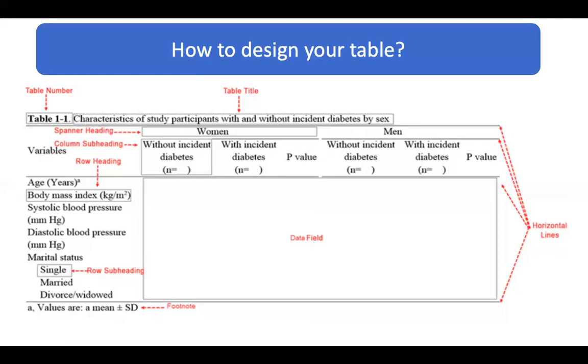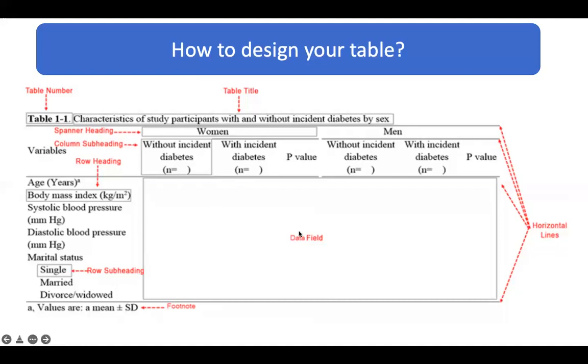So you have to go back to this while writing your figure or your table. Then, as you see, body mass index should be written kilogram divided by meter square. Every variable should have beside it how you measured it. Blood pressure measured in millimeter mercury. Marital status, no need to put any unit, single, married, divorced, because this is a categorical variable.